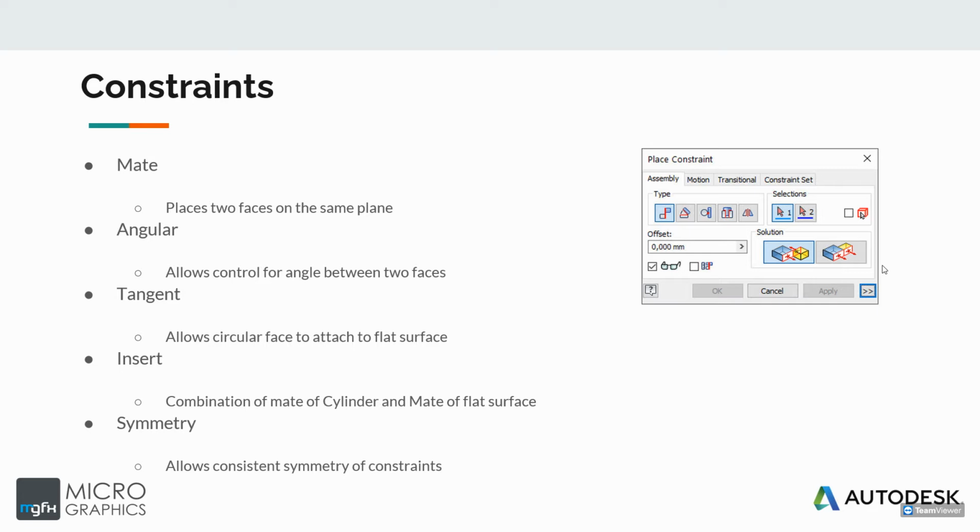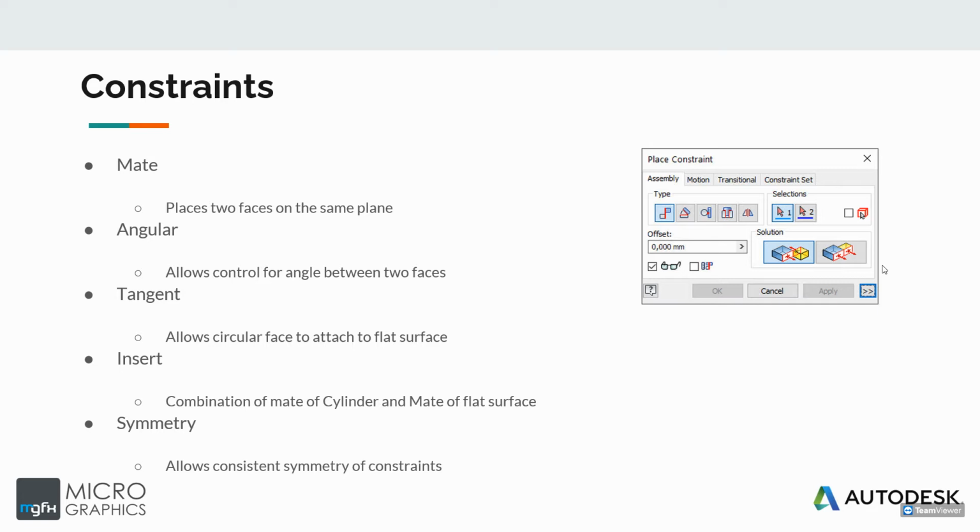Tangent allows a circular face to attach to a flat surface. So the circumference of a cylindrical face, you can make it always constrained to a particular flat surface. Insert is a combination mate of cylinder type mating and also mate with a flat surface.